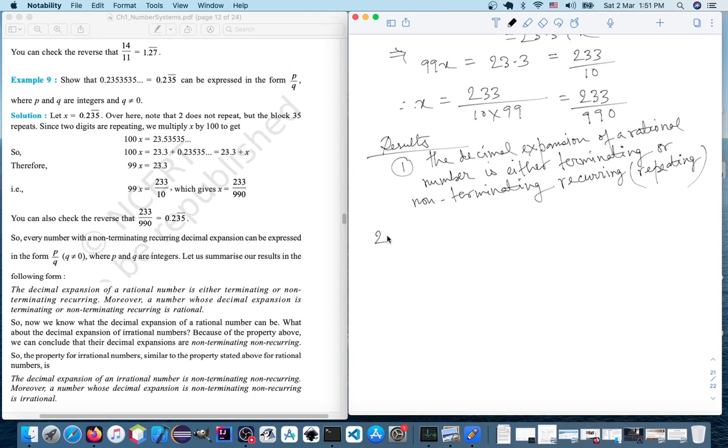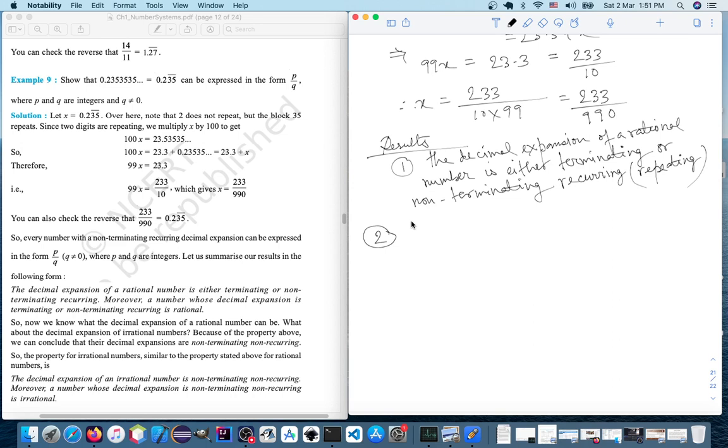The other result is the reverse of this. I mean, if you are given a rational number and if you find its decimal expansion, you will see that the decimal expansion is either terminating or non-terminating recurring.